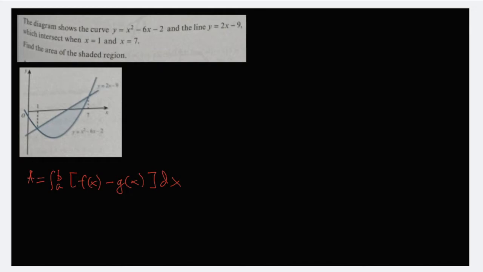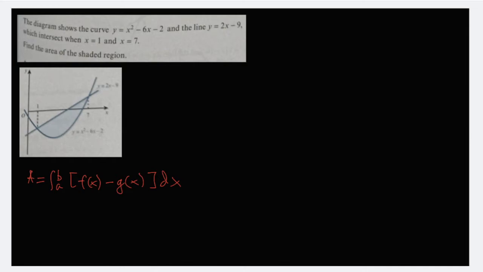As always, the thing that you need to remember here is it must be upper minus lower. Always remember upper minus the lower. As you can see, the upper function here is the line, minus the lower function. So with this, we can just write it directly.